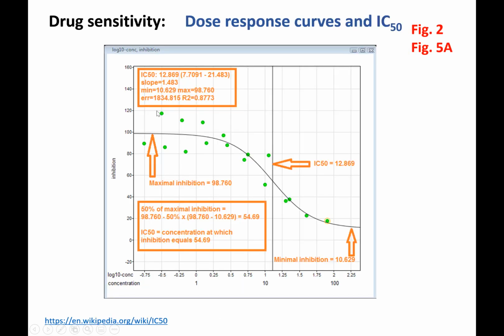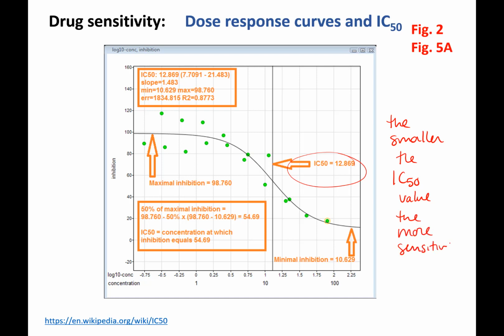And so what they do is they calculate IC50. We talked about this before. Concentration of an inhibitor where the response is reduced by half. So you get a value, and what I want you to remember is that the smaller the IC50 value, the more sensitive the cells are to the drug.